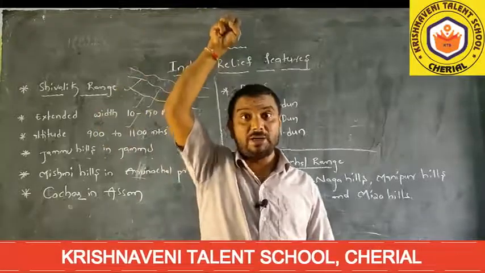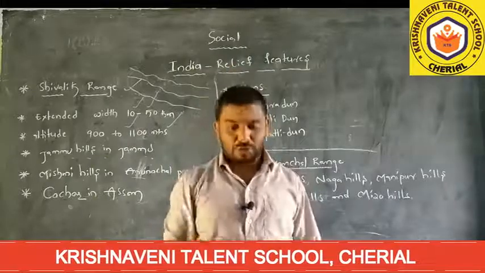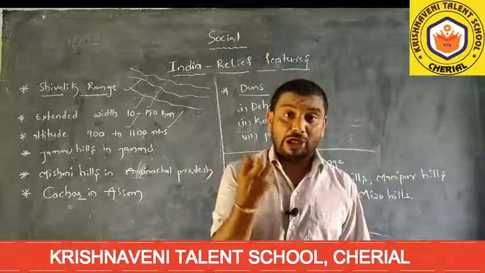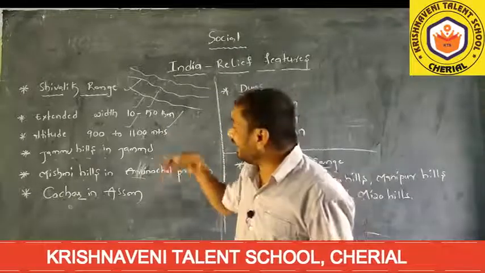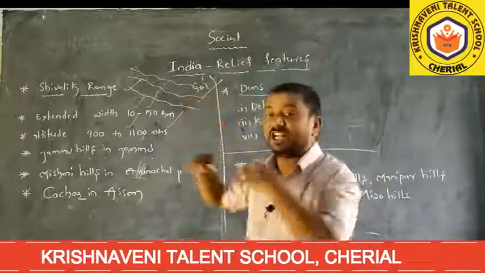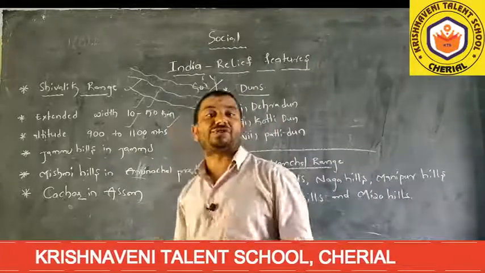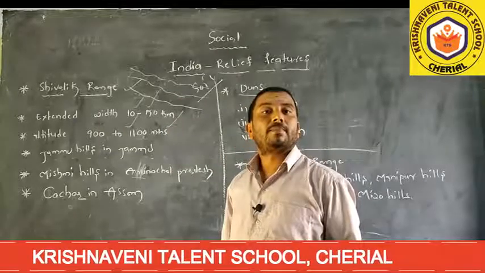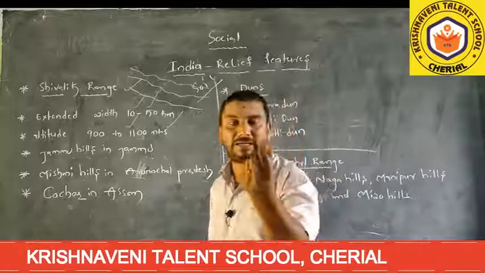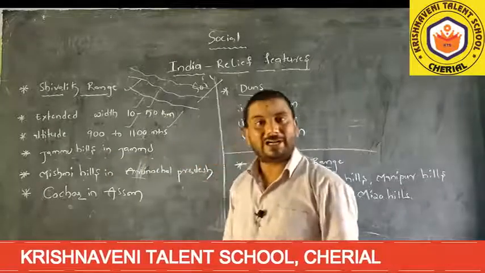These rivers flow through the dunes, flow from streams and deposit. So alluvium and pebbles and gravels are found in the Shivalik range. The physical feature of the Shivalik range is alluvium soil, then pebbles. Pebbles means gravel stones, like white stones. So stones are found in the Shivalik range.